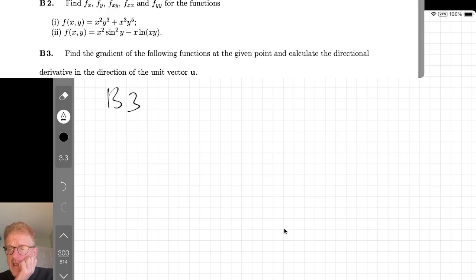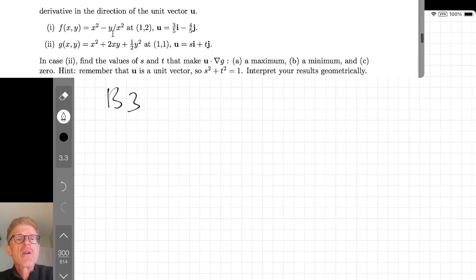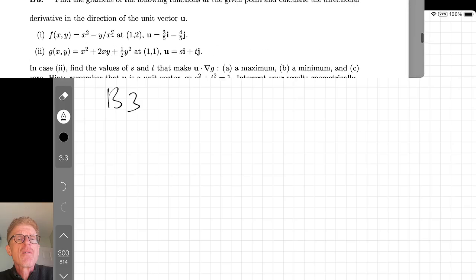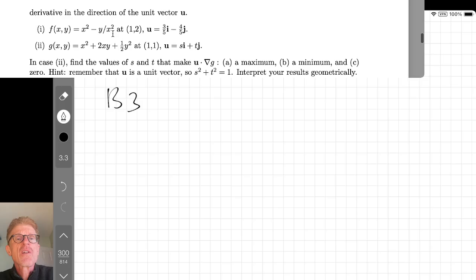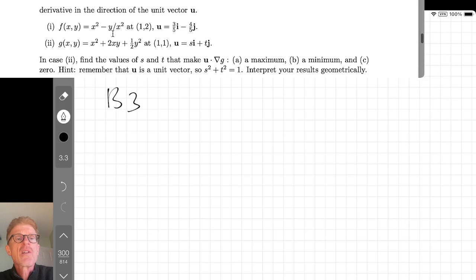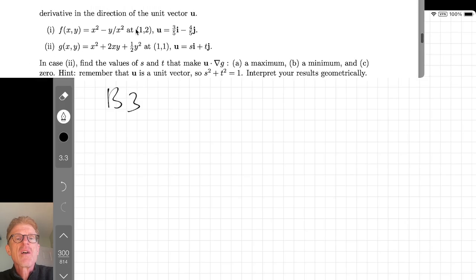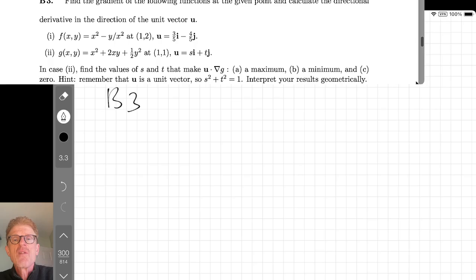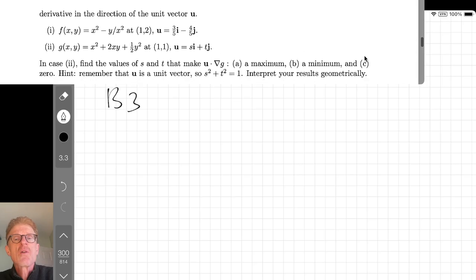Let me first get the question up. Question, find the grad. Find the grad at a given point and calculate the directional derivative in the direction of the function u and interpret your results geometrically.